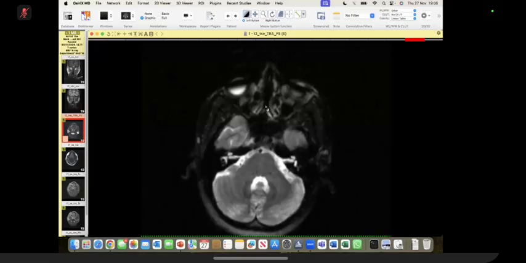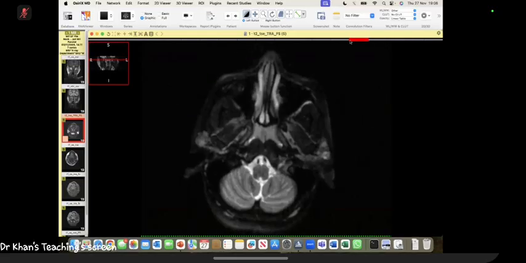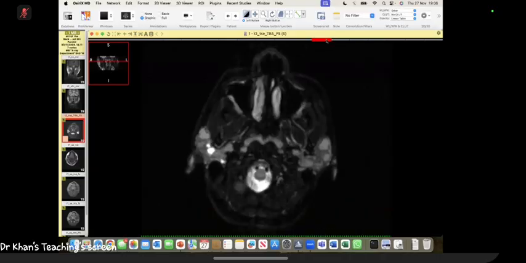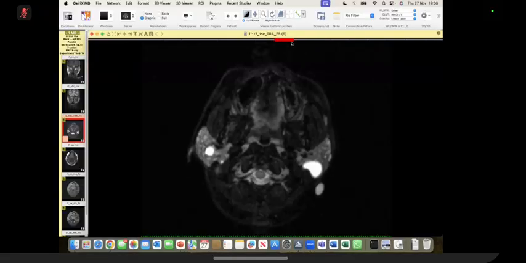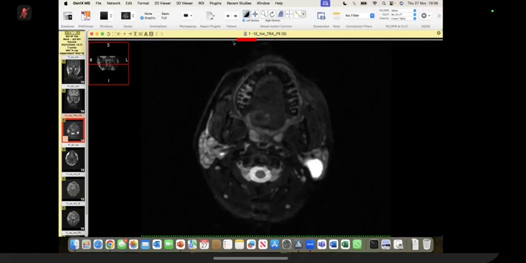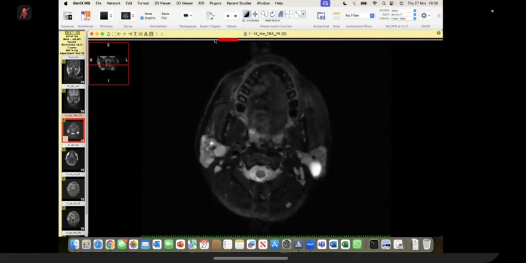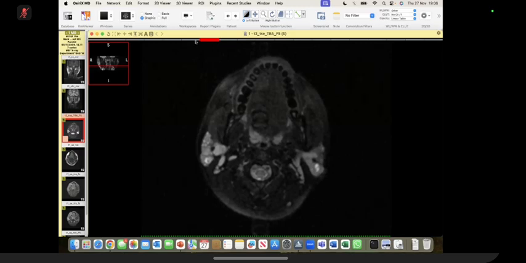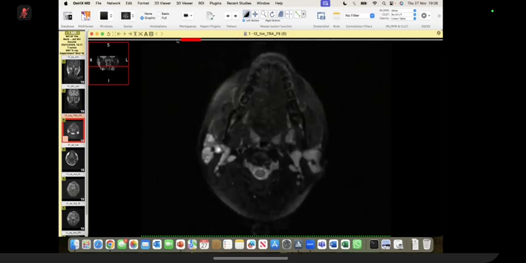Okay, sir. I am provided with axial MRI T2 weighted sequence. First, I will scroll through the entire stack of images and then I will comment. This is a fat-saturated sequence, and I can see that there is evidence of bilateral hyperintense signals involving the parotid gland.